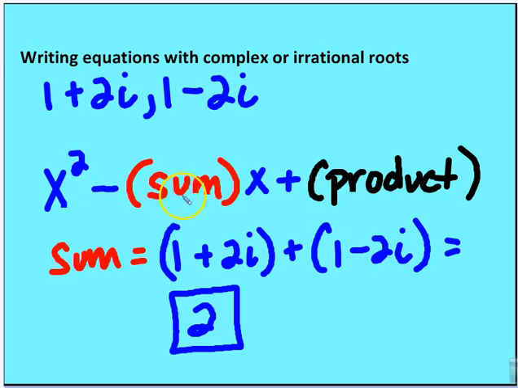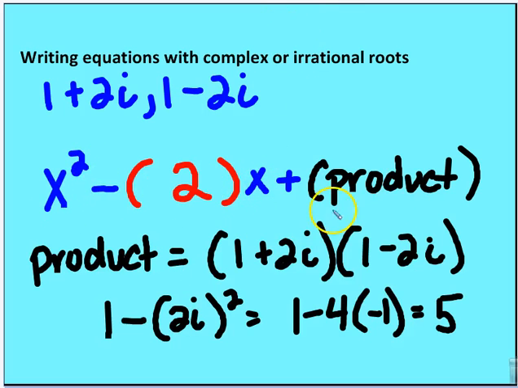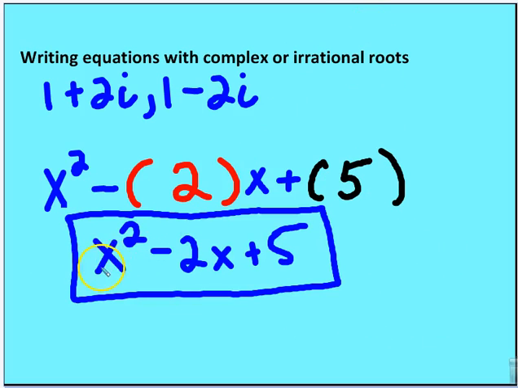So x squared minus the sum, so I have x squared minus 2x, then plus the product, 1 plus 2i times 1 minus 2i, which is 1 minus 2i squared. 2i squared is 4i squared, and 4i squared is minus 4, so minus minus 4 is plus 4. So 1 plus 4 is equal to 5. And that ends up being our polynomial result: x squared minus 2x plus 5.